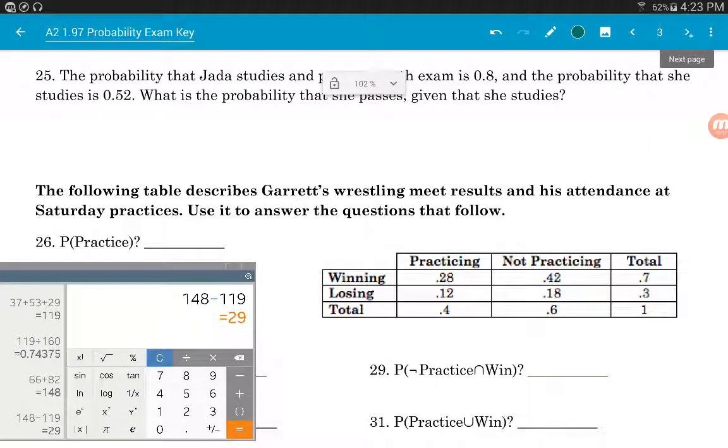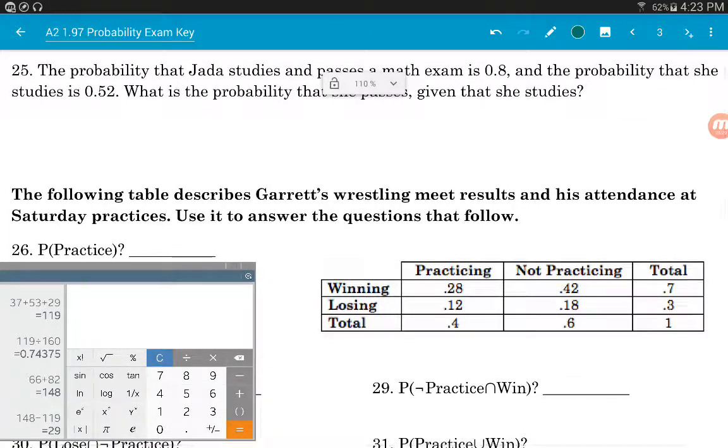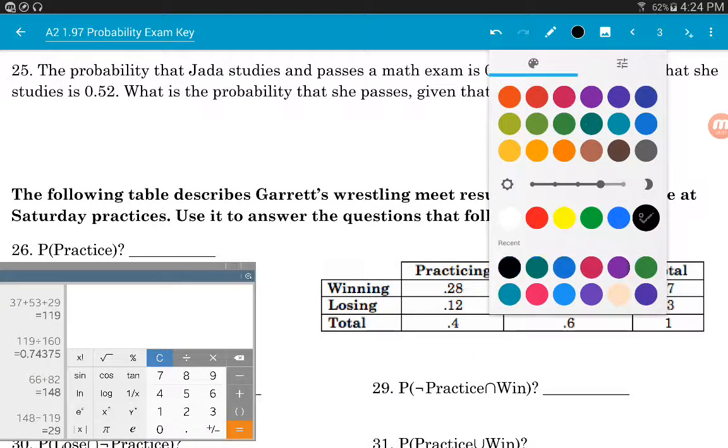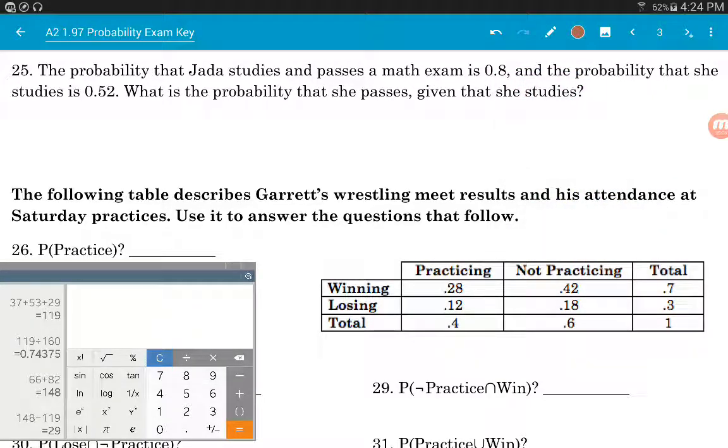The probability that Jada studies and passes a math exam is 0.8, and the probability she studies is 0.52. What is the probability that she passes given that she studies? Well, there's only one formula to use for questions like these, and it is the dependent formula. The dependent formula for ands.